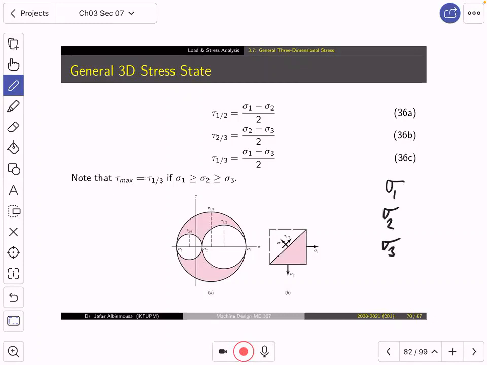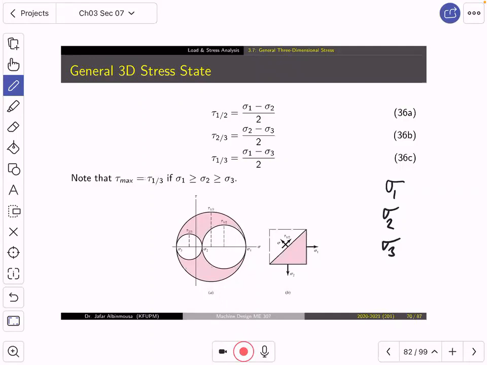In general, guys, whenever we have principal stresses, we arrange them automatically such that sigma 1 is the maximum, sigma 2 is the second maximum, and sigma 3 is the third maximum. So if we found the first stress as 100, the second stress as 300, the third stress as minus 100, we arrange them such that the second, which was 300, is actually sigma 1, and then sigma 2 and sigma 3.